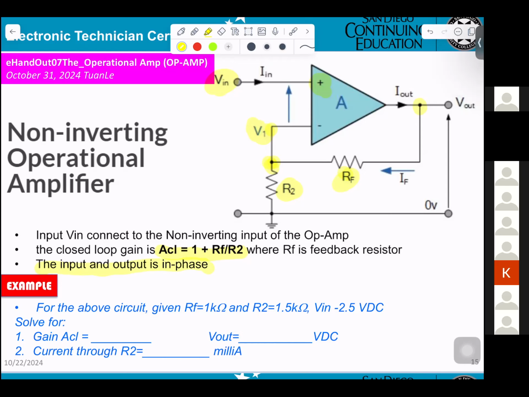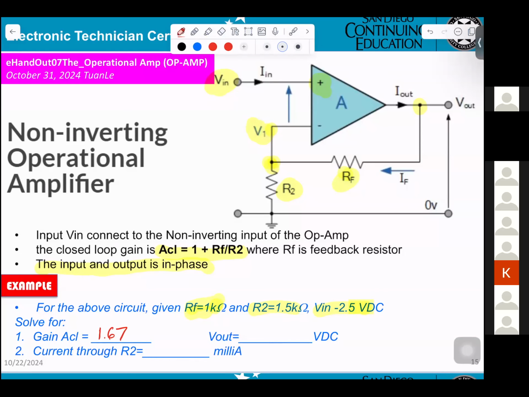So for both circuits, they give you RF 1K, R2 1.5K, and V in of minus 2.5. They want the gain. What does the gain equal? 1.67. One answer will be 1.67.